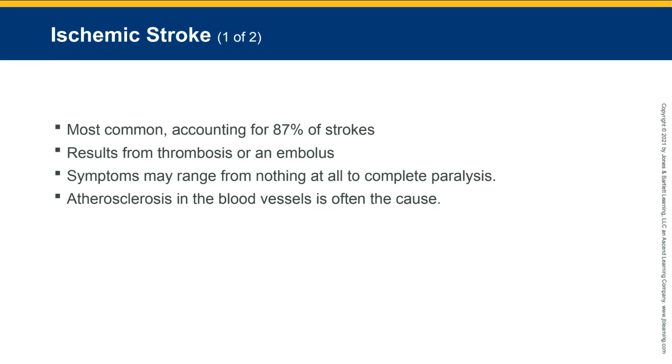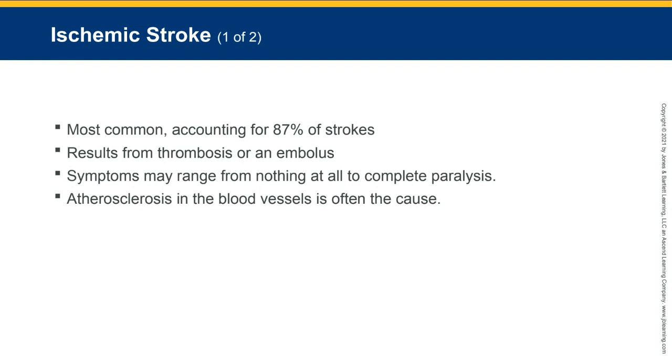And it's going to be similar to the process of a clot forming in the coronary artery. So there is atherosclerosis that builds up in the cerebral artery, and over time, the cerebral artery diameter becomes narrow and the pressure starts to increase inside that blood vessel.